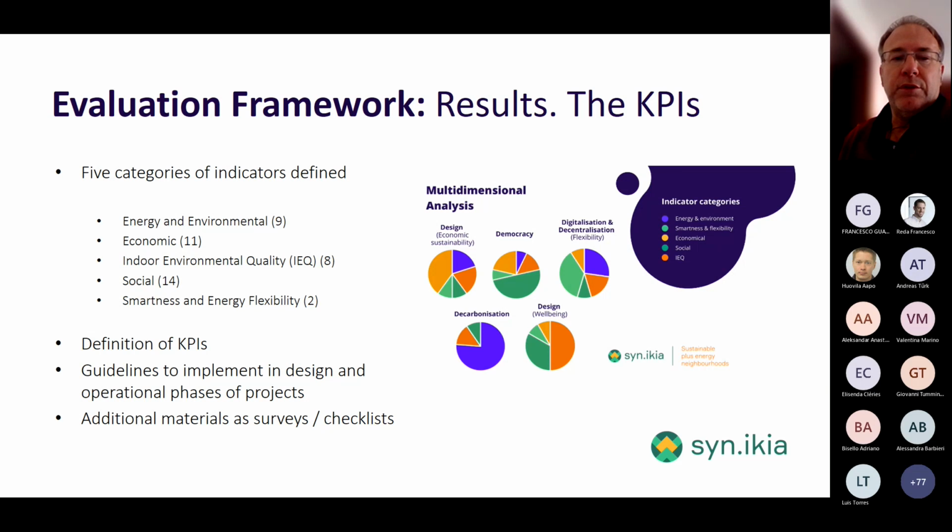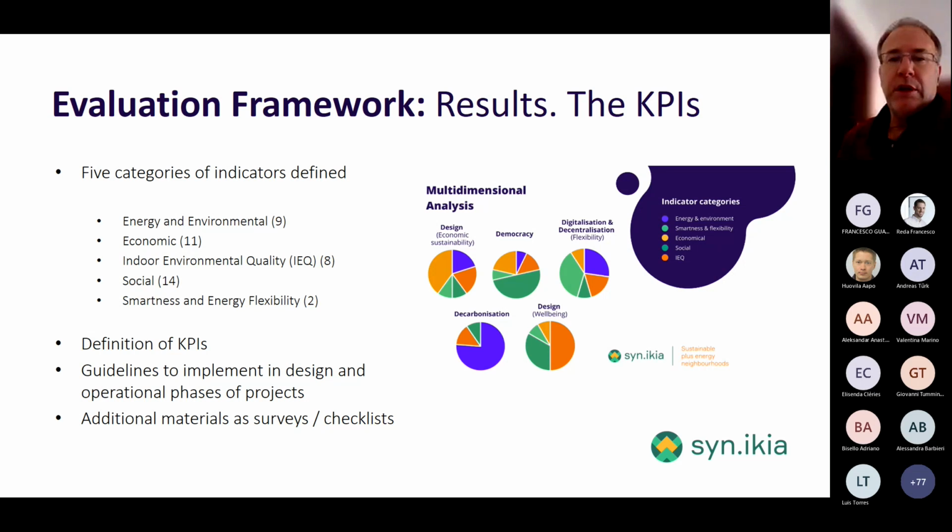The numbers which you see in brackets are the number of indicators related with each category. Economic indicators, indoor environmental quality indicators, social indicators. You see also the importance of these indicators in our framework, where we have 14 indicators related with social aspects, and also aspects related with smartness and energy flexibility.